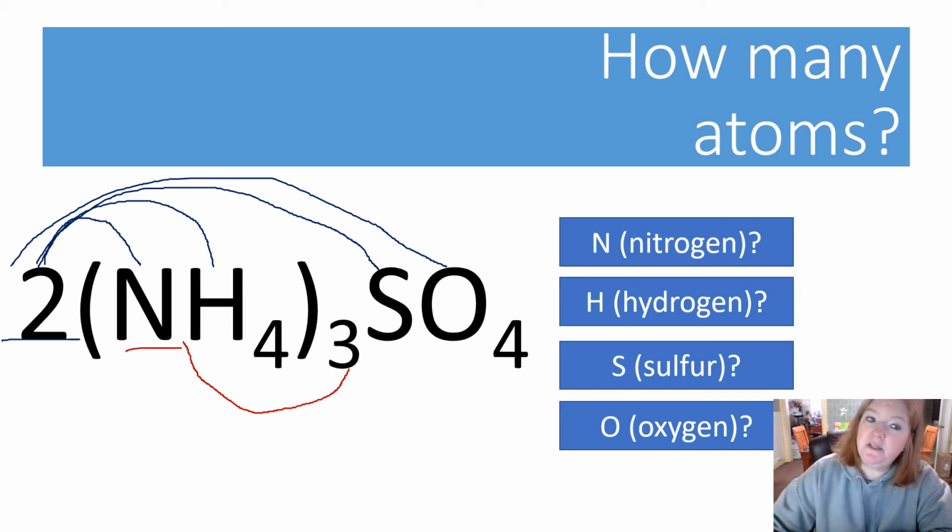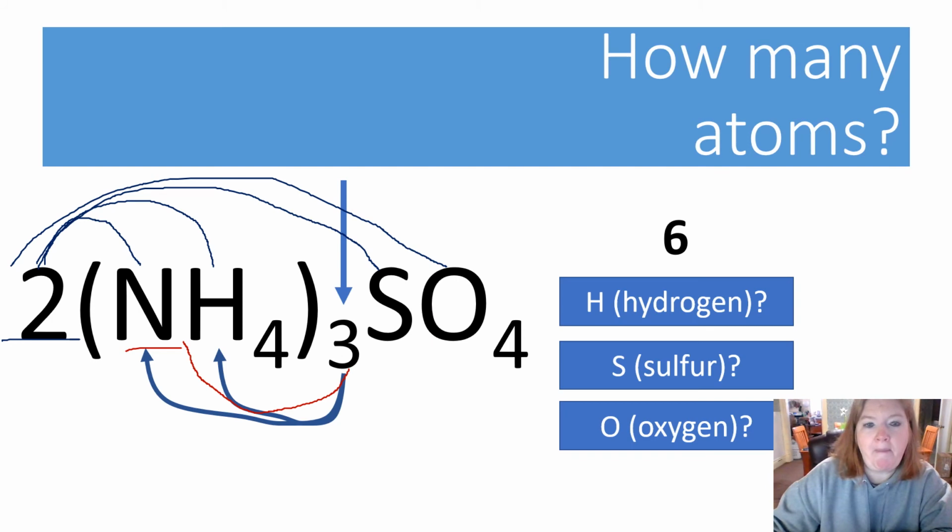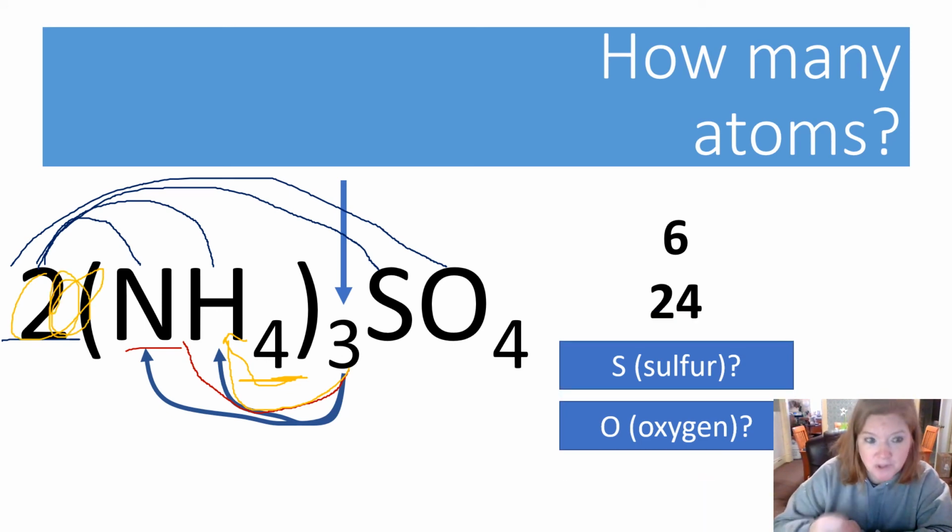But then we can't forget about this 2, so that gives us 6 nitrogen. So what about hydrogen? Well, hydrogen has a subscript of 4, but this 3 applies, so that's 3 times 4, which is 12, but then again, this 2 applies, so 24 total.